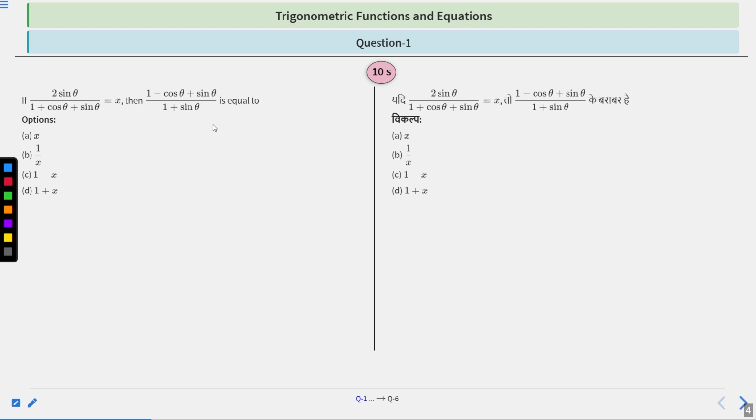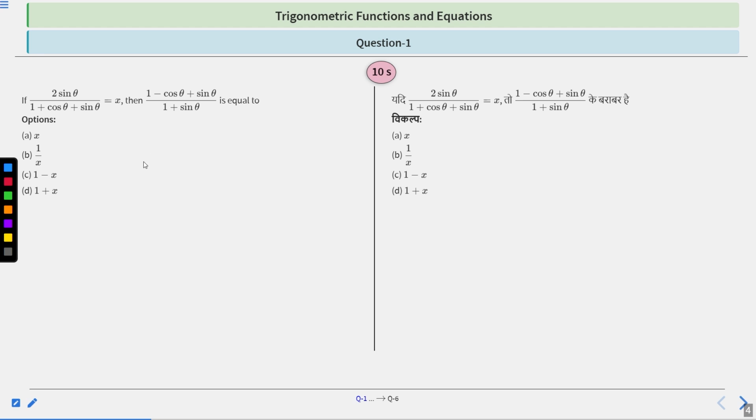First, you will try to rationalize the left hand side of the given equation, right? Since in the numerator, it is written as 1 minus cos theta plus sine theta, therefore, we will multiply and divide with 1 minus cos theta plus sine theta in the numerator and in the denominator, right?